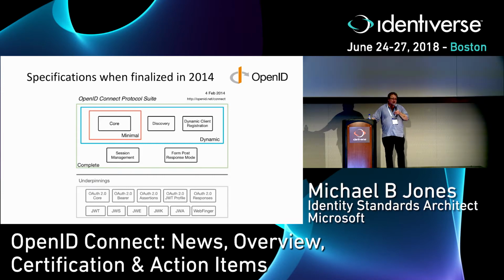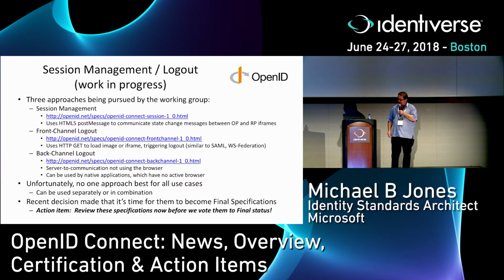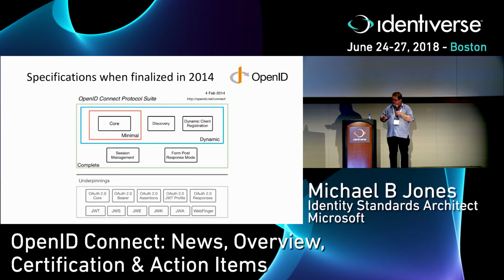All right, now I'm going to sort of step back for those of you who may not have seen it before or may not know how it works. So when we finished the specs in 2014, this is what the diagram of the specs looked like. Pam happened to draw this in 2014 when she was at Ping Identity.